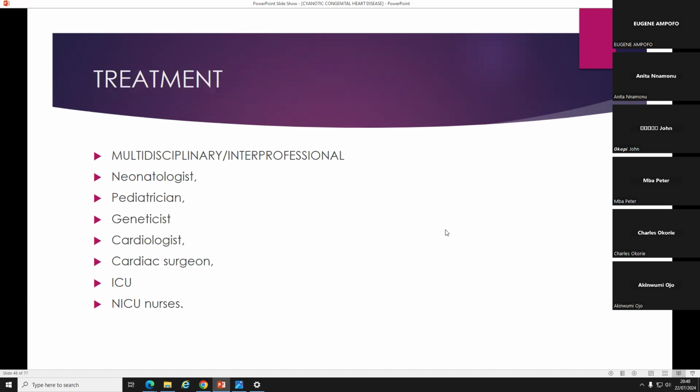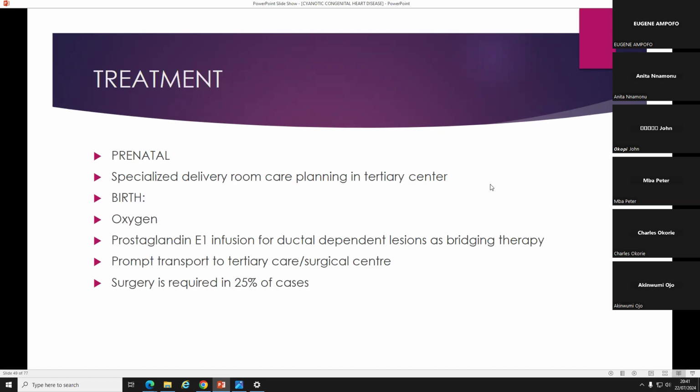Treatment. We need to emphasize that it is a multidisciplinary, interprofessional approach involving the neonatologist, the pediatrician, the geneticist in many cases, the cardiologist, the cardiac surgeon, and ICU needs to be involved and informed, as well as of course our excellent NICU nursing staff.